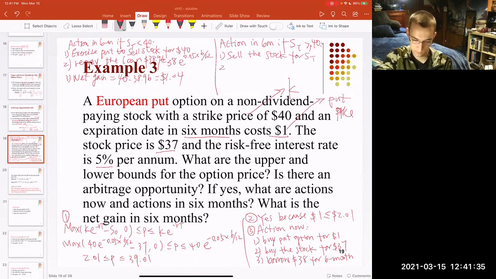And again, can you finish that? So I'm gonna let you do some exercise. Can you finish that and tell me what would be your net gain?